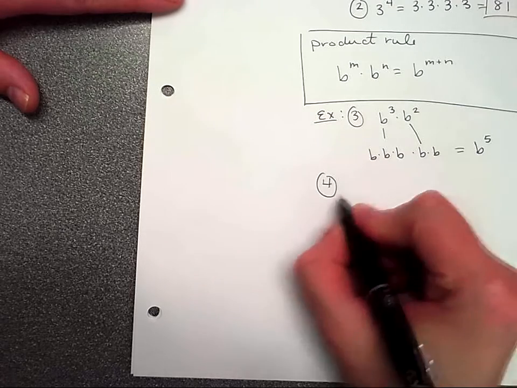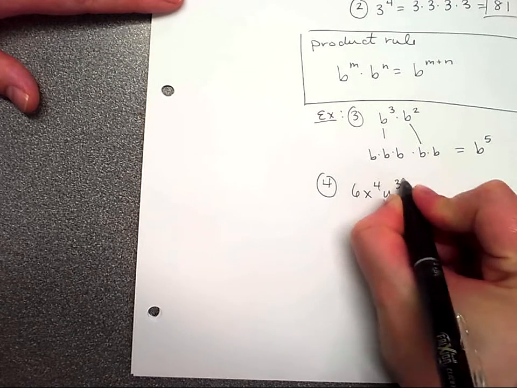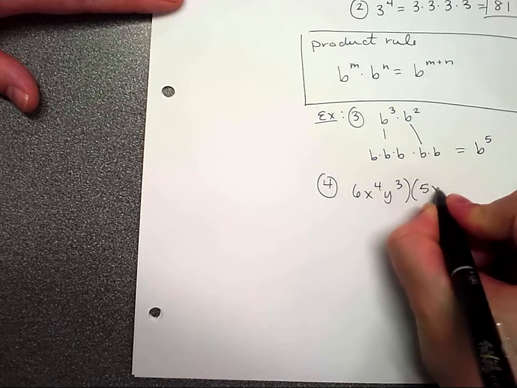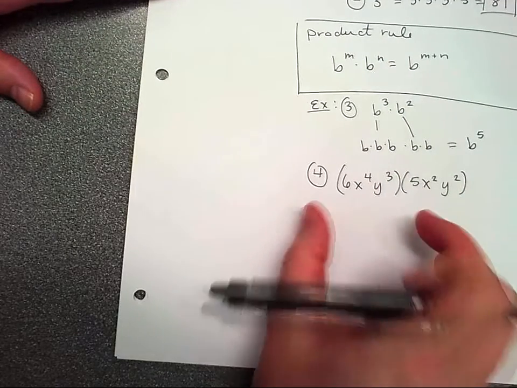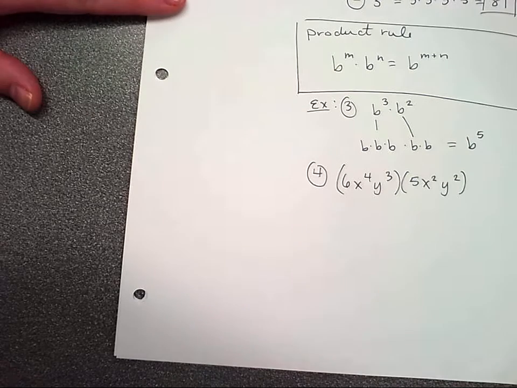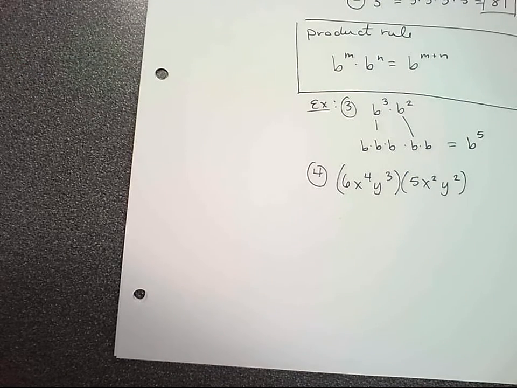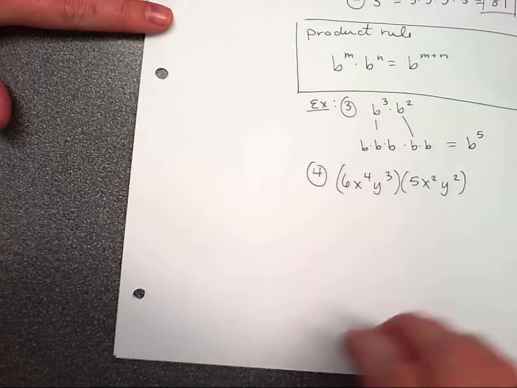So let's say I have 6x to the 4th, y to the 3rd, times 5x squared, y to the 2nd. I want to multiply these two. Okay? So I'm going to rewrite it and just change the order. If you don't want to write the step, you don't have to. I want this as a number, x to a power, y to a power.